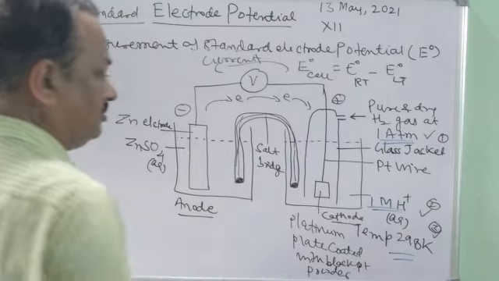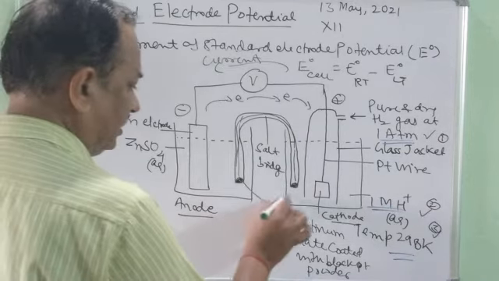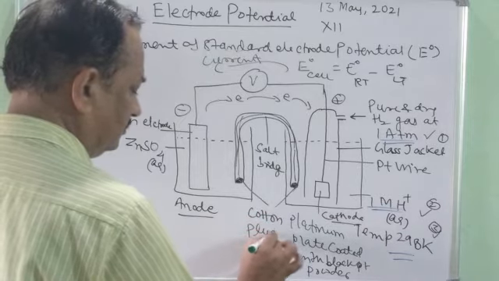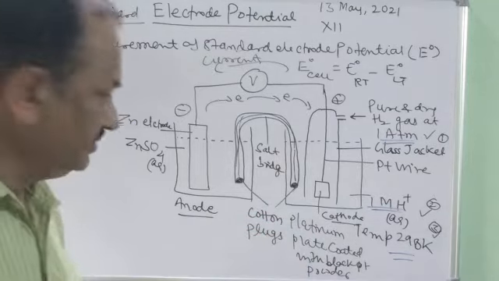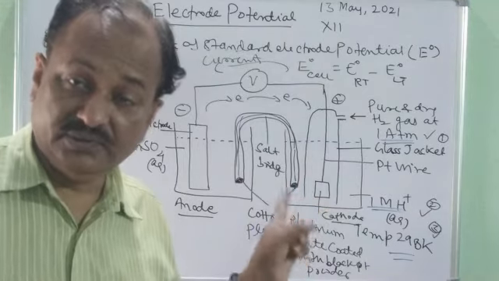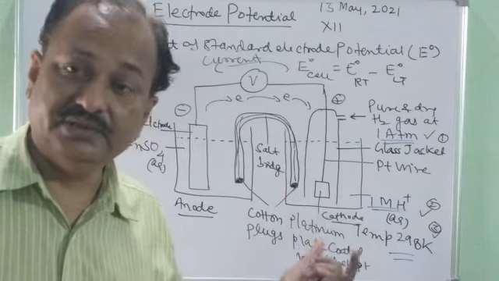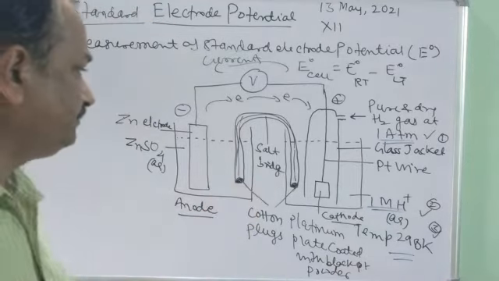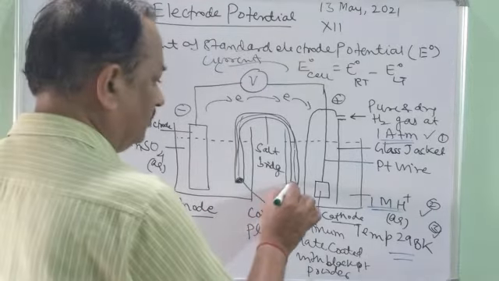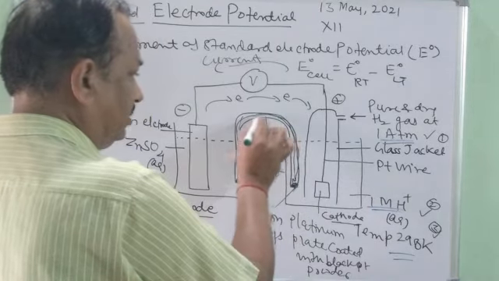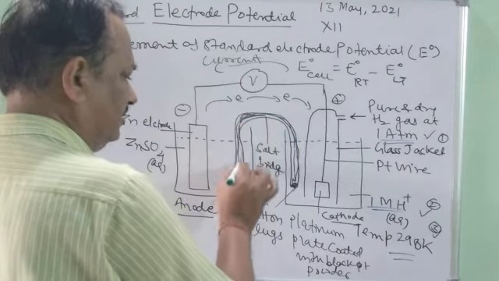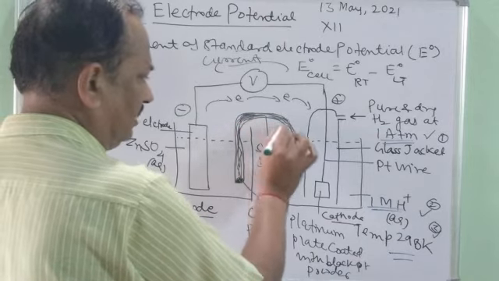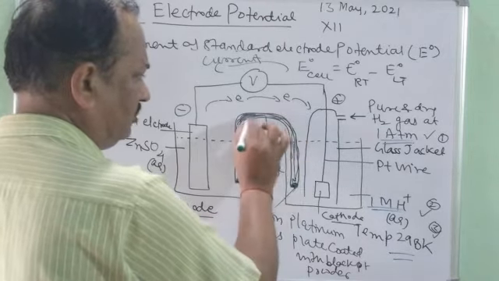These are the cotton plugs. This contains strong solution of strong electrolyte like KCl or KNO3 in agar-agar and still water, and at the end there is the cotton plug, because it is in solution in water, and so it will undergo slowly degradation or decomposition.